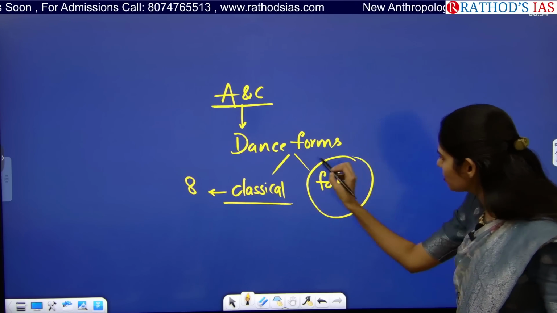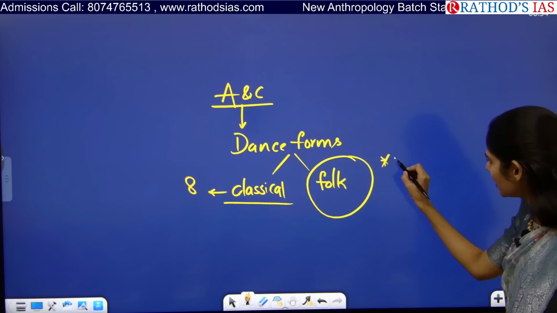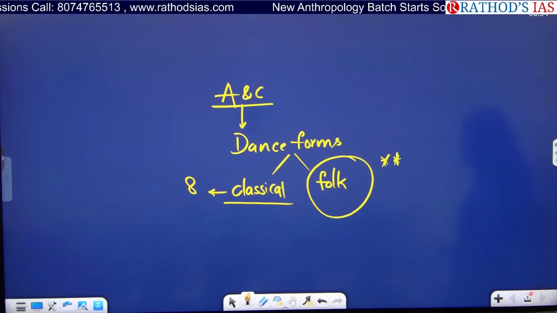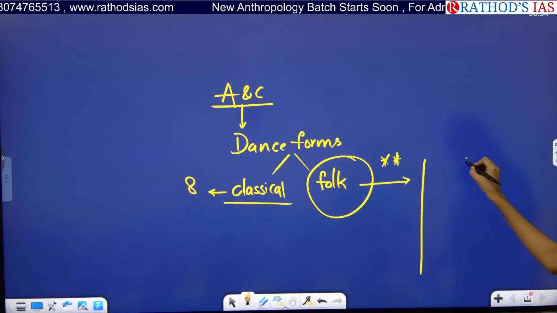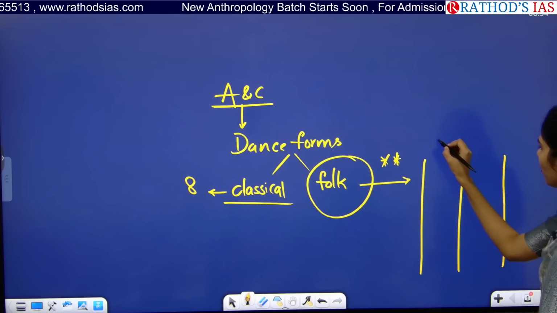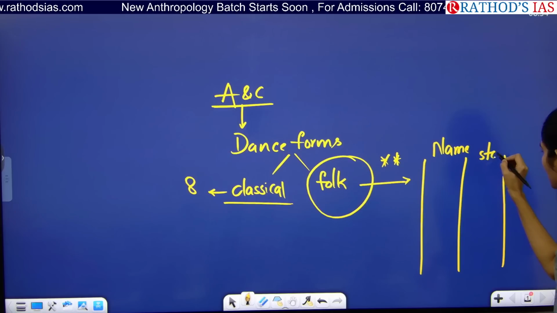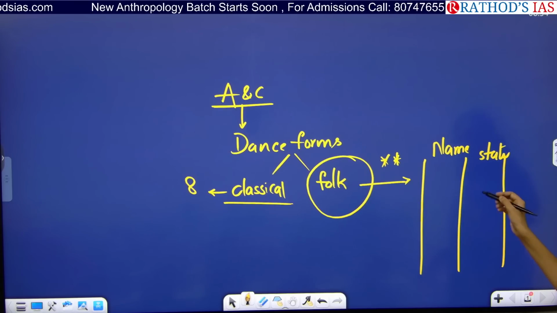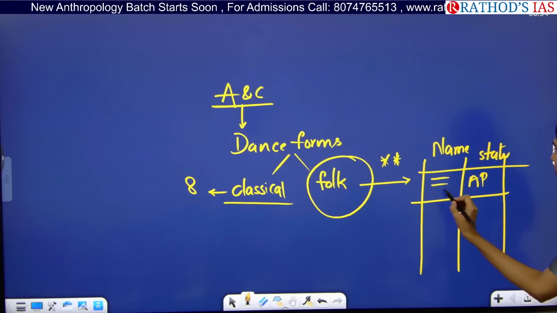Apart from this, we also have folk dances. Tira comes under the folk dances of India. Here you have to do some work. You have to make notes in a table format: the name of the dance and the state it belongs to, or else take one state like AP and list the folk dances in AP.